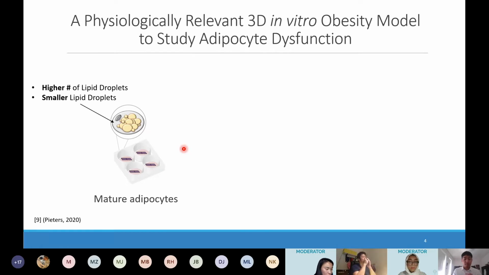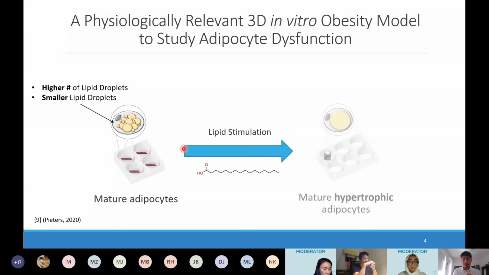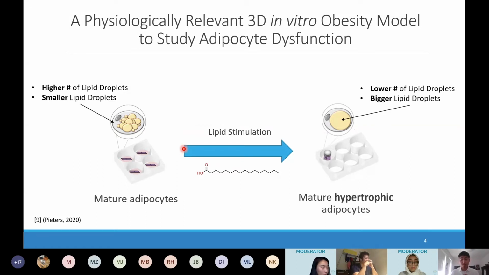To mimic the cell hypertrophy caused by excess nutrient intake in obesity, we then stimulate these adipocytes with lipids, and based on previous literature, we believe that these stimulated adipocytes will have bigger lipid droplets, and these lipid droplets will be in lower number due to them expanding and agglomerating as they increase in size.